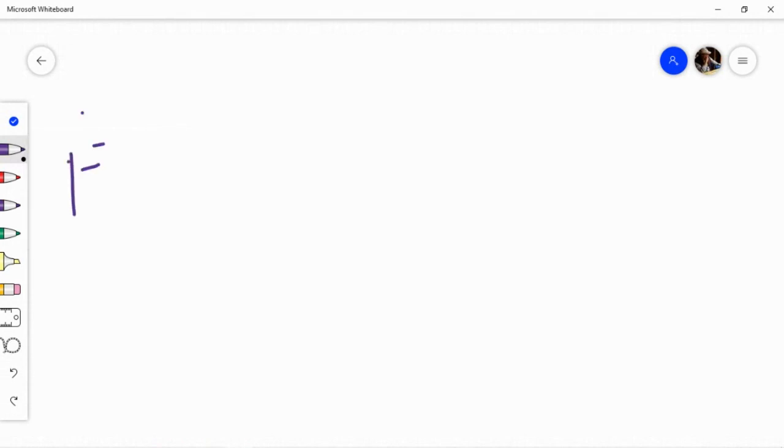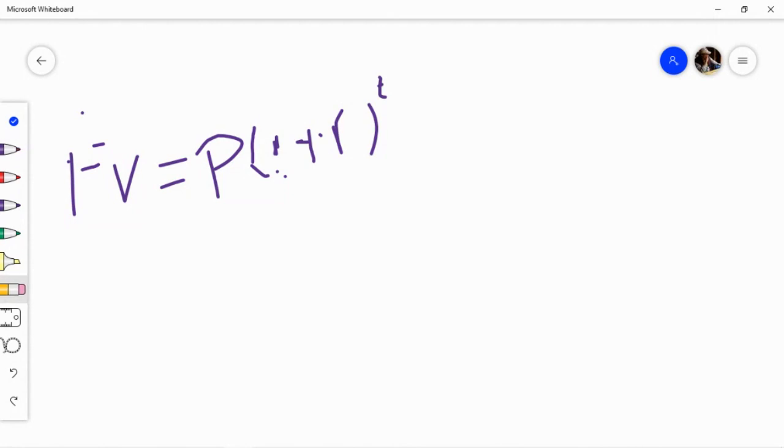So compounding is the process to find the future value, right? That means we know principal, interest rate, and time. And then discounting is the reverse process of compounding.